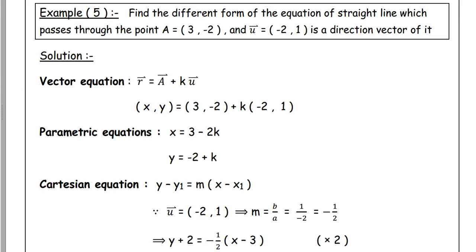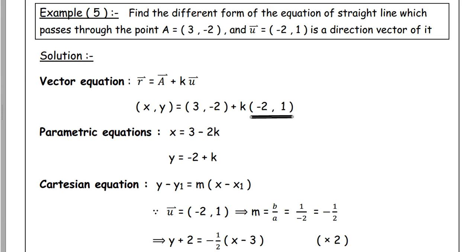Okay. So the vector equation is r equals a plus ku. R, as we said before, is x and y. A is the point 3 and negative 2. K, still as it is. Negative 2 and 1 is the direction vector. Again, u is not a point, it is a direction vector.